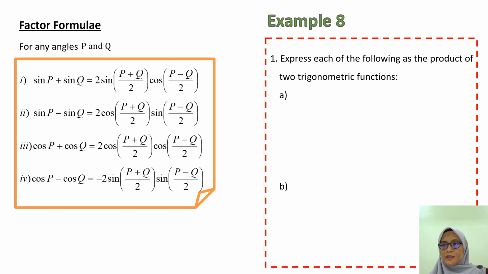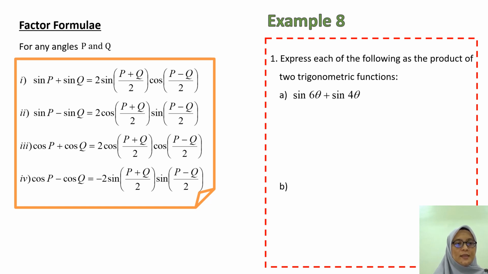Okay, so now for example A, express each of the following as the product of two trigonometric functions. We have sin 6 theta plus sin 4 theta. So we have to look at which of the factor formulas is sin plus sin.